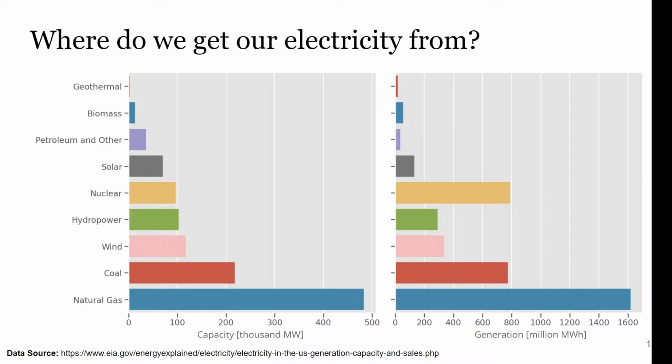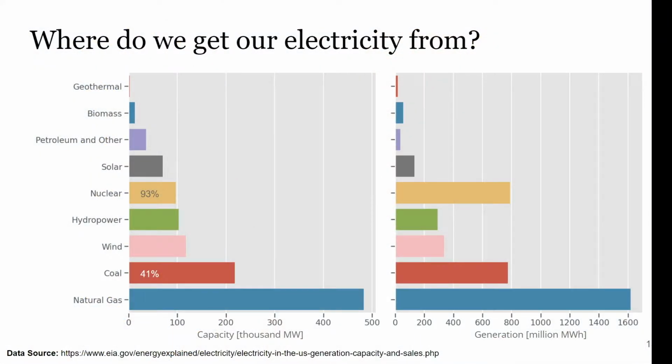If you look here, one interesting thing to point out is that while coal, the red bars on both plots, and nuclear, the yellow bars, generate around the same amount of electricity, nuclear has far less installed capacity than coal. The reason nuclear can do this is because it runs almost all the time, around 93% of the time, as compared to coal, which only runs around 41% of the time.